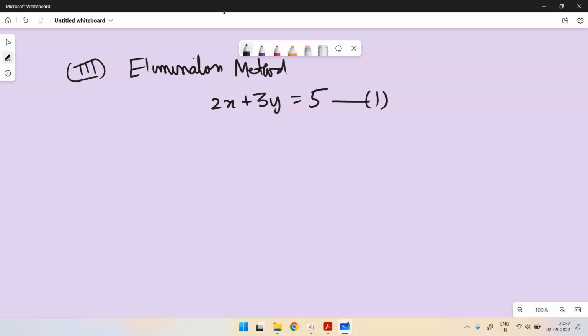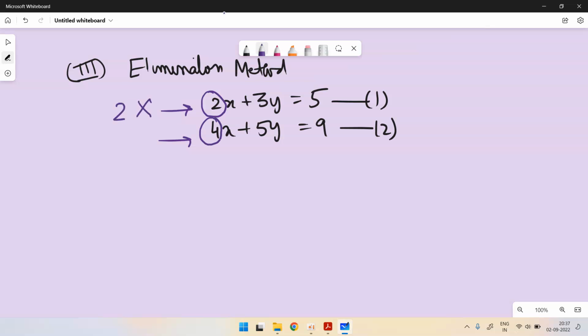And the other one was 4x plus 5y equal to 9, equation number 2. From these two equations, you see that the coefficient of x is 2 here and the coefficient of x here is 4. Now if you multiply the first equation with 2, what do we get?